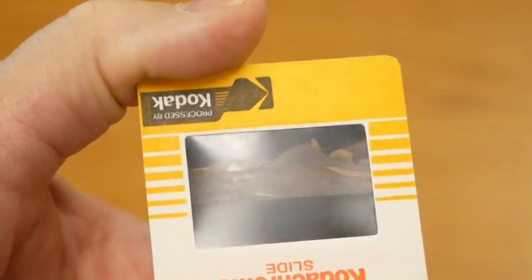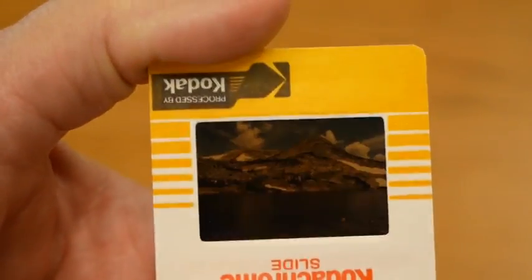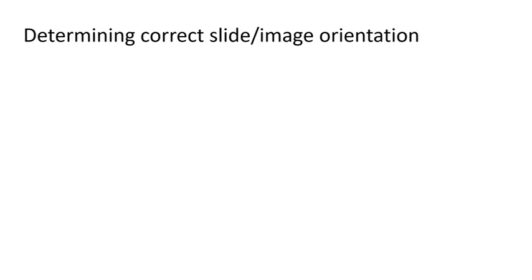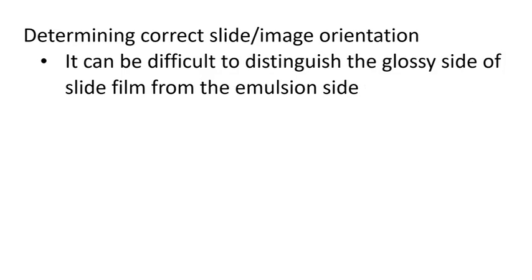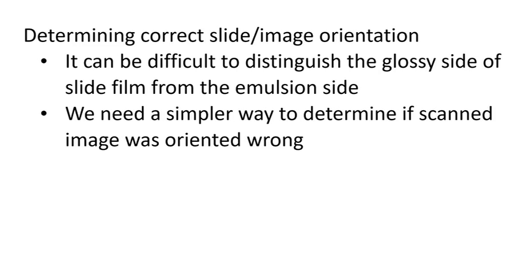Though it is easy to determine which edge should face up based on the image, it can be difficult sometimes to distinguish the glossy side of the film from the slightly duller emulsion side, especially for inexperienced users. Therefore, we need a simpler way to determine if slides were scanned with the wrong side facing the camera, thus requiring software correction. Fortunately, in some cases this is very easy.